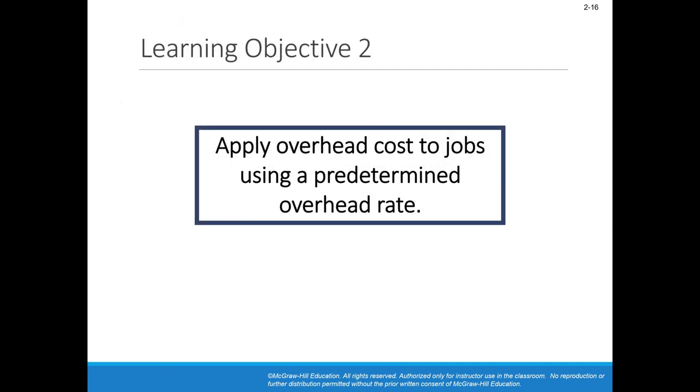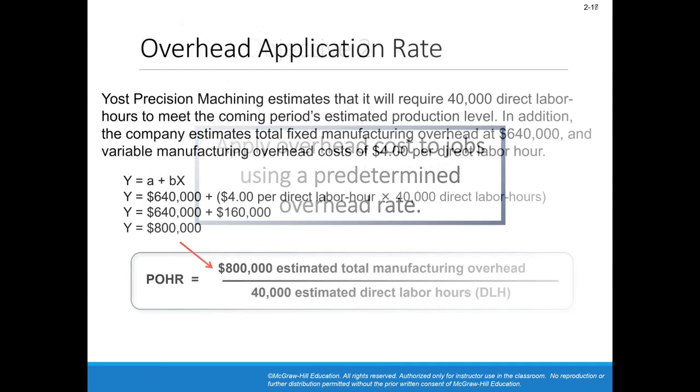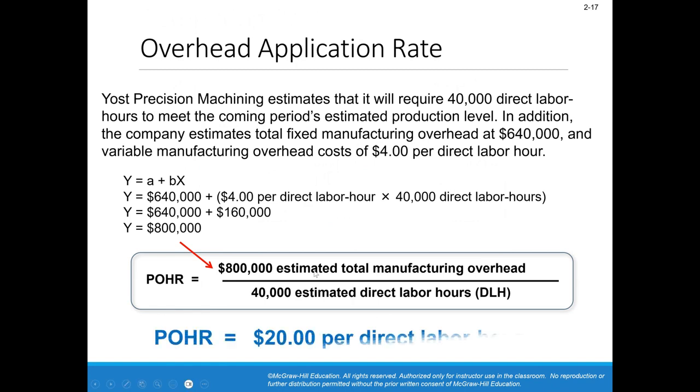All right, so apply overhead cost to jobs using a predetermined overhead rate. So here we have where our overhead is $640,000. That's our fixed cost. And then we're going to add $4 per direct labor hour. All right, so we've estimated that our variable overhead costs are going to be $4 per hour.